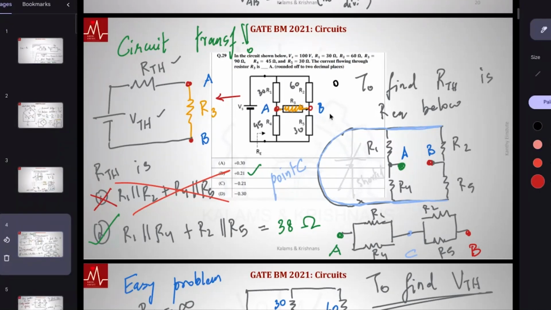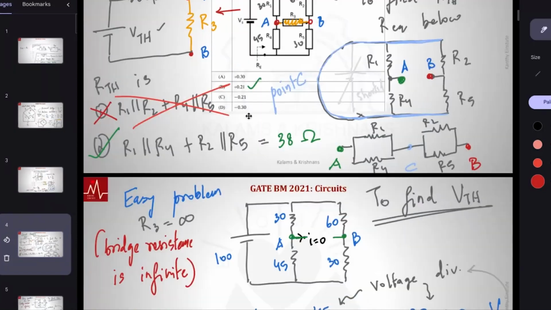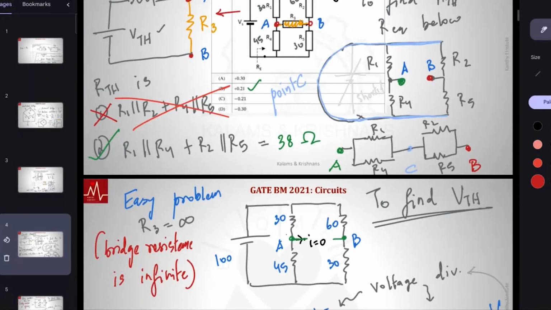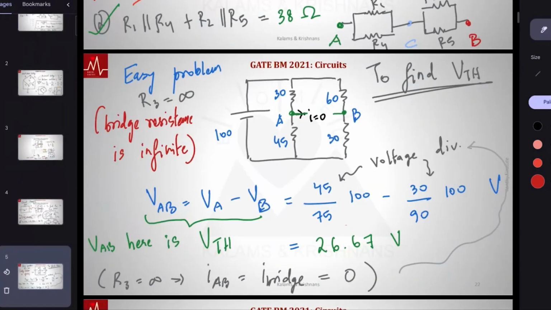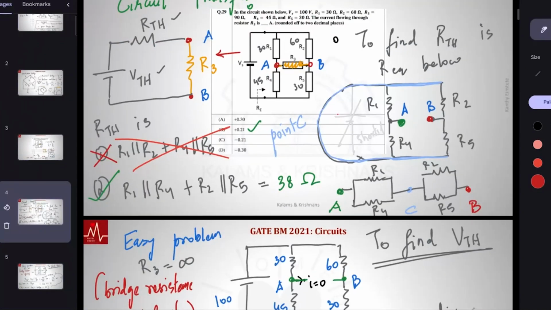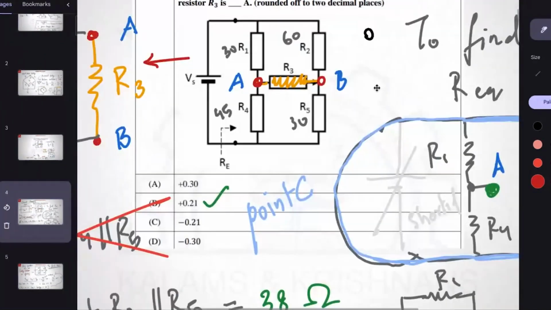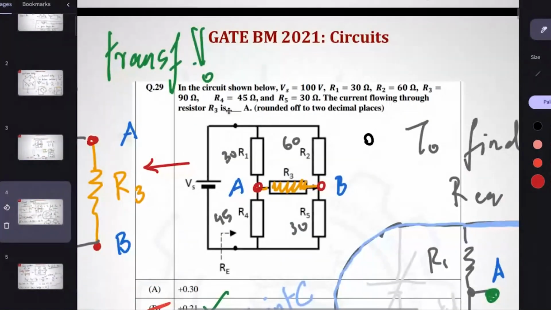Okay, and the direction of the current, plus 0.21, right? The AB we marked, we have to hold on to that. Actually, these two resistors are telling whether VA is higher or lower compared to VB. In this case, VA is higher than VB. So the direction of flow of current, I suppose that is shown. One of the details we have to be careful about is the current flowing through resistor R3.